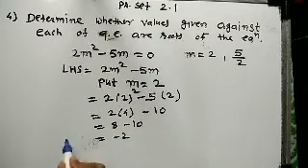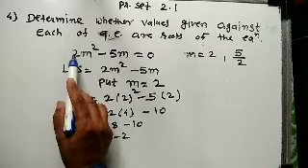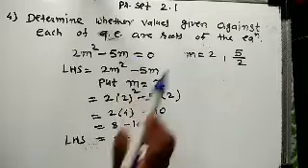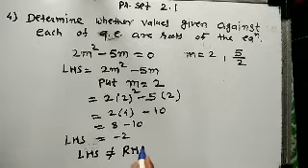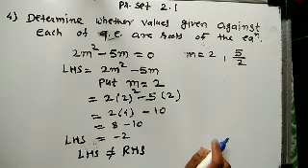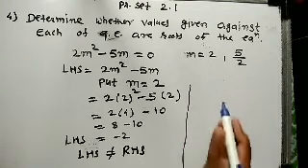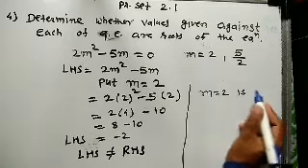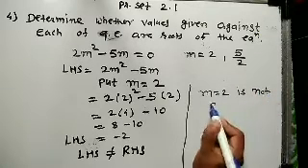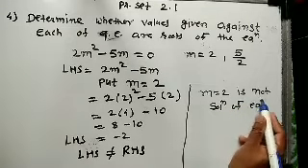Here the LHS is −2, but we know what is given in the equation, RHS is equal to 0. Therefore, we can write LHS is not equal to RHS. Then we write m equal to 2 is not a solution of the equation.